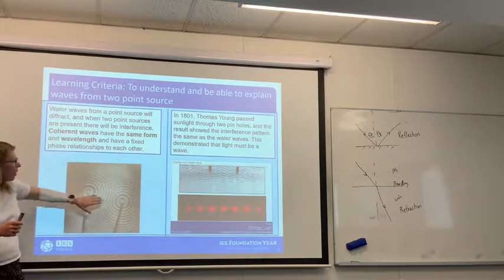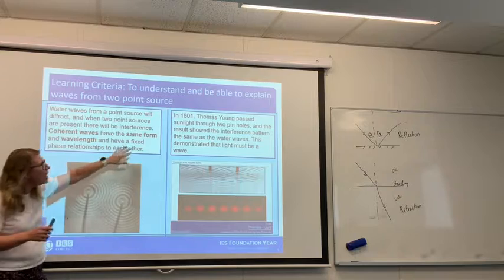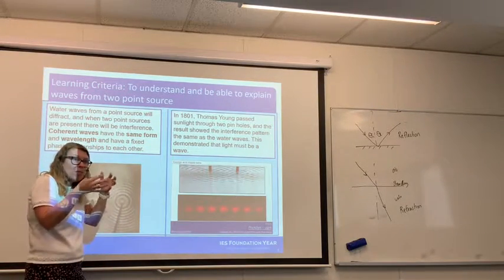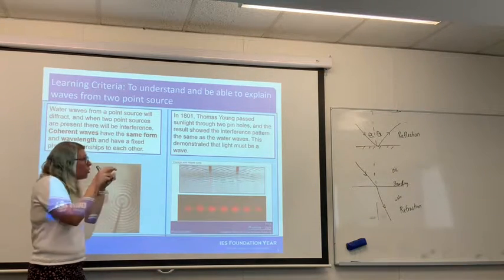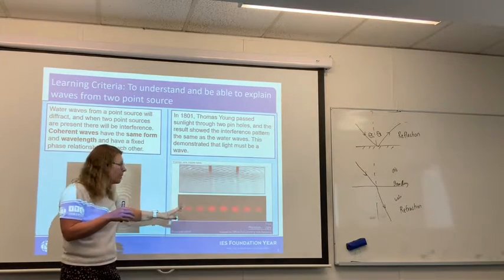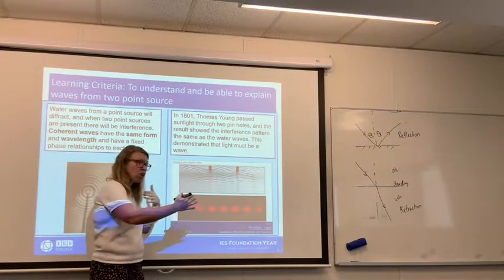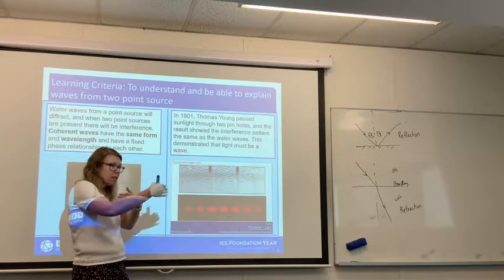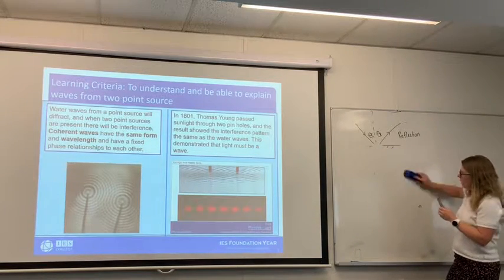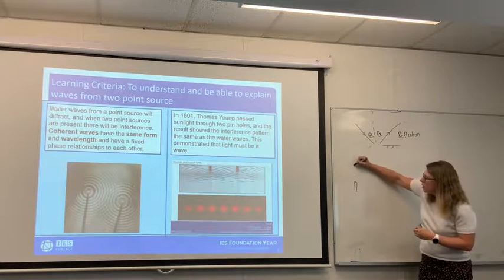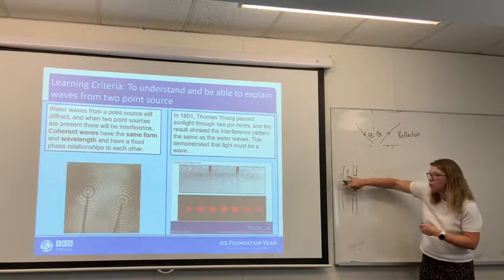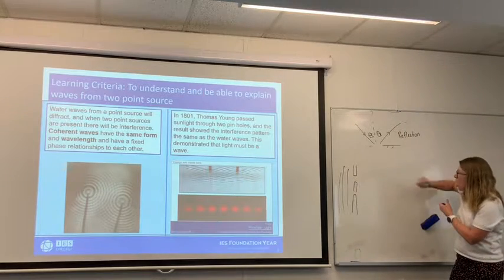So we knew that water waves would undergo interference, and in 1801, Thomas Young passed sunlight, which means that the waves are coherent, through two slits, and found a situation where there were points on the screen. So if we look at it from the top, he created two slits, two openings, and shone the sunlight through, this is the wavefront, onto a screen.